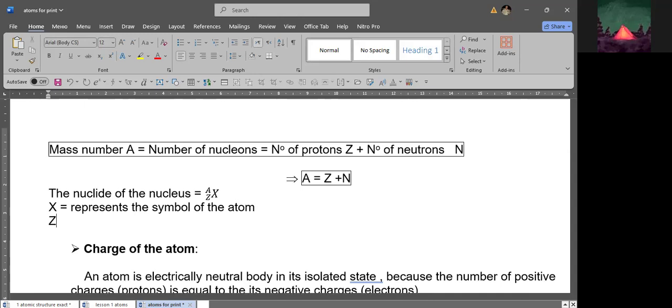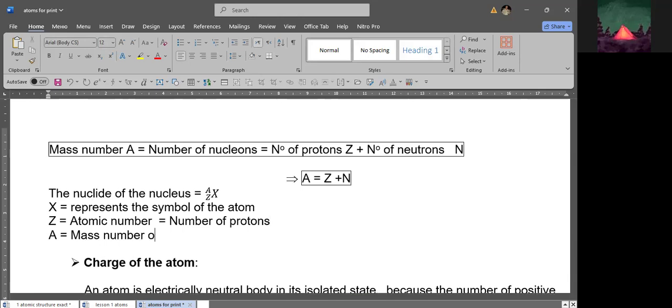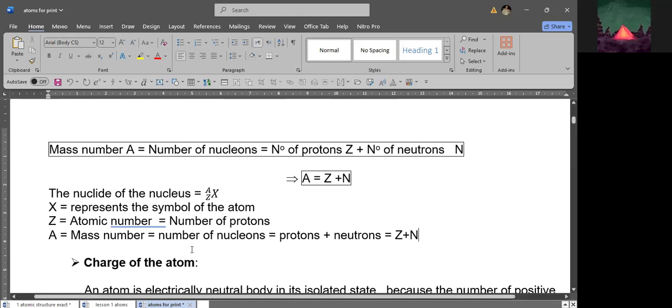Z is the atomic number, which indicates the number of protons. A is the mass number, which is the number of nucleons, the sum of the protons number plus the neutrons number, or Z plus N. N is the number of neutrons.